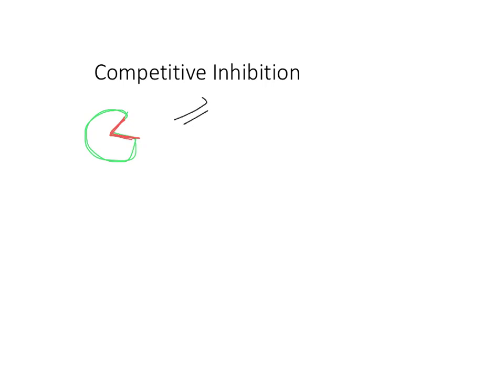And I can either have substrate bind, I guess I'll make substrate yellow, or I can have an inhibitor bind. And the key thing with competitive inhibition is that the inhibitor and the substrate must have a similar shape.